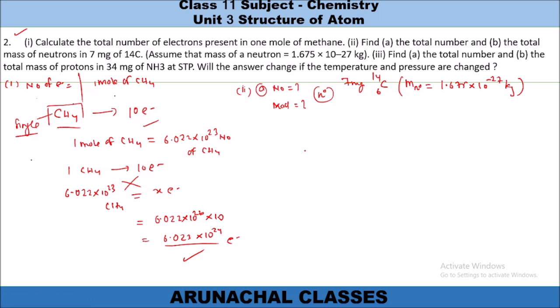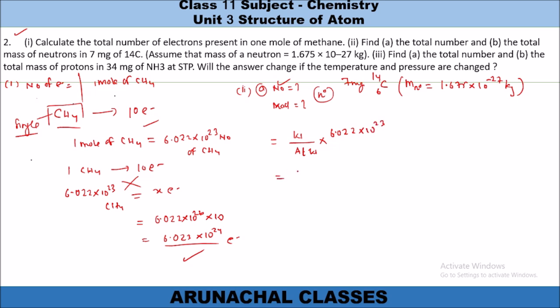First of all we will find the total number of carbon atoms. It will be weight upon atomic weight multiplied with 6.022 into 10 power 23.